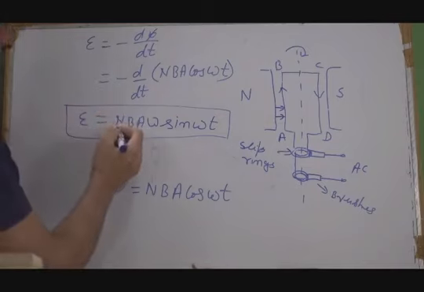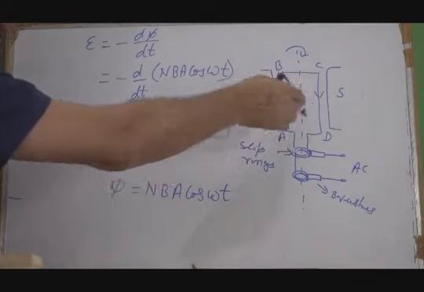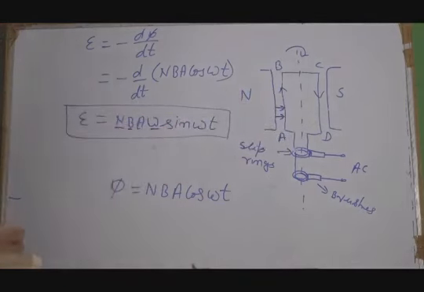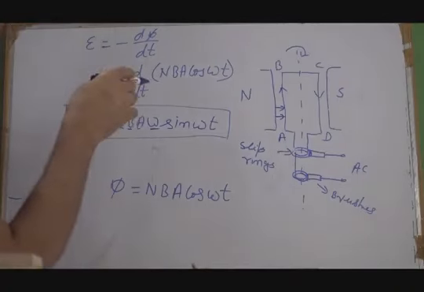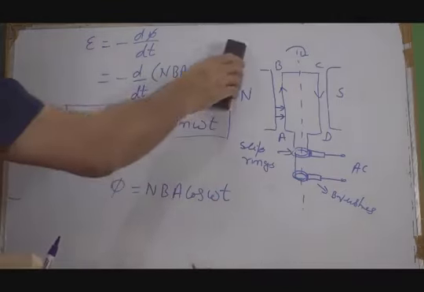Now N the total number of turns, B the magnetic field, A the area of this coil, omega the angular velocity, all are constants. It means induced EMF will be a function of sin omega t, that is, a function of sin theta. So what will be the graph?